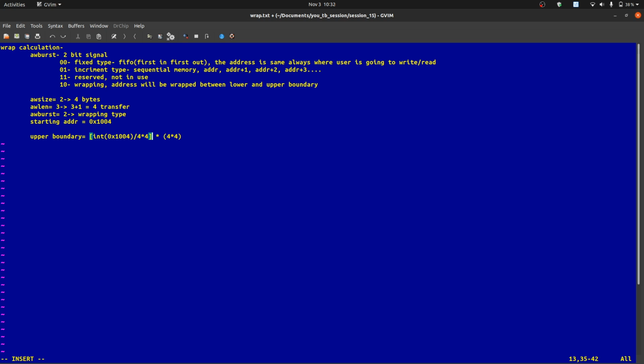Okay, let's understand another way. Write a generic formula. Starting address divided by AW size into AW len, and multiplied by AW size into AW len, right?